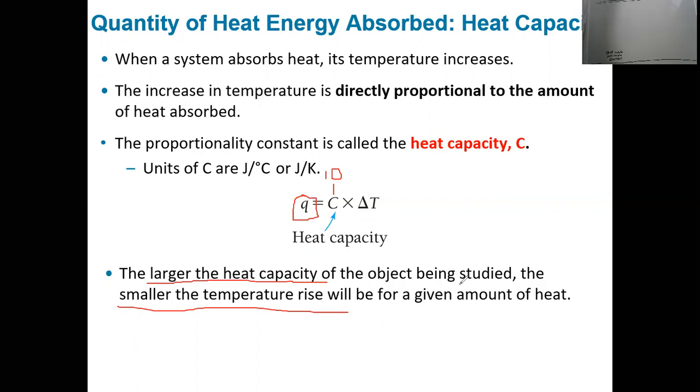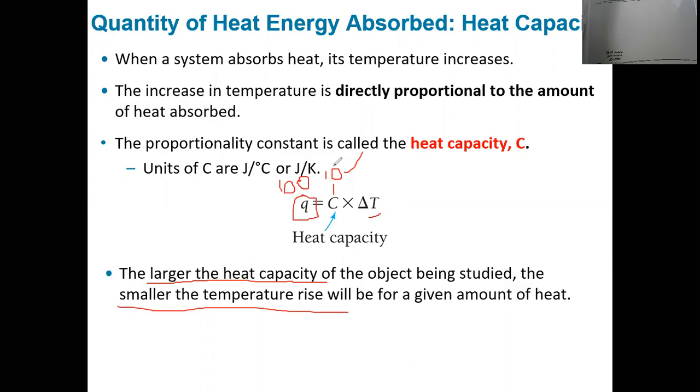Now, imagine that this Q value is 100 joules, okay? So the thing with the higher heat capacity is going to have a smaller temperature change, right?